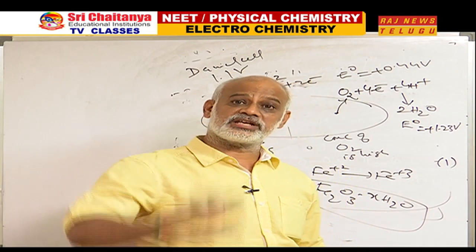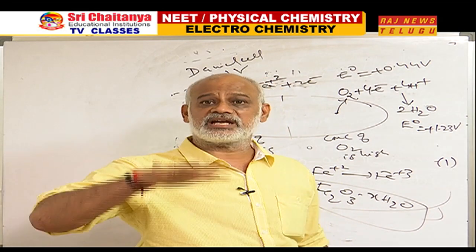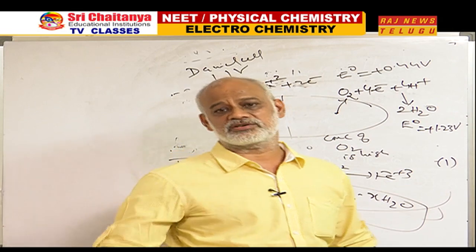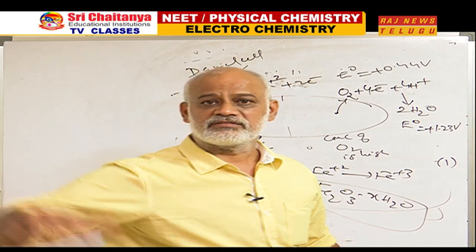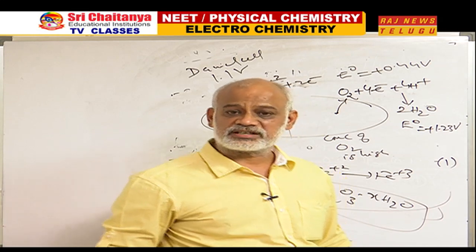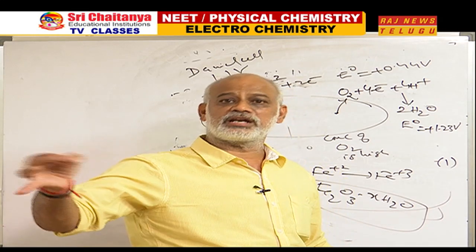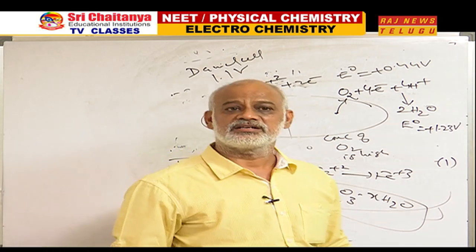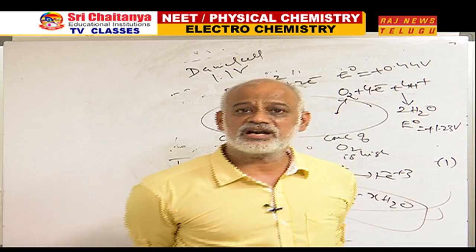Second, especially in the case of iron, many times to protect iron from corrosion, we coat it with zinc. Coating or electroplating of iron with zinc is called galvanizing.